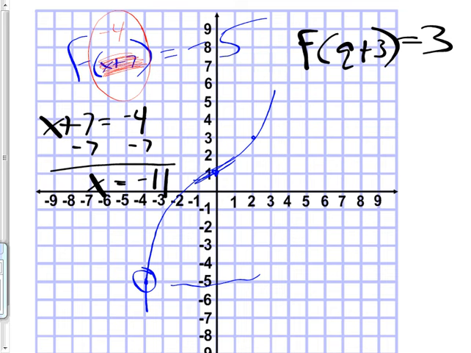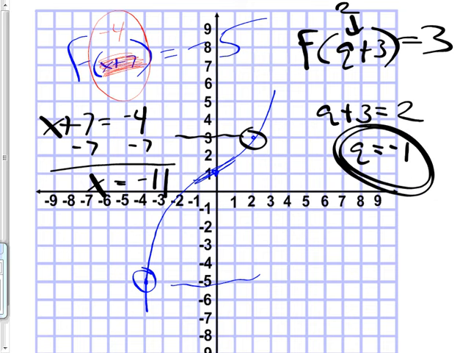Did I tell you x? Did I tell you y? Told you y. Y is what? Okay, if y is 3, you find it, you go, there it is. Now what do you know is the x that should be going with it? So what should be there is a 2. So now you should just have been able to say q plus 3 has to equal 2. And then subtract 3. Q must be -1. Raise your hand if you had that one right. Okay, good.